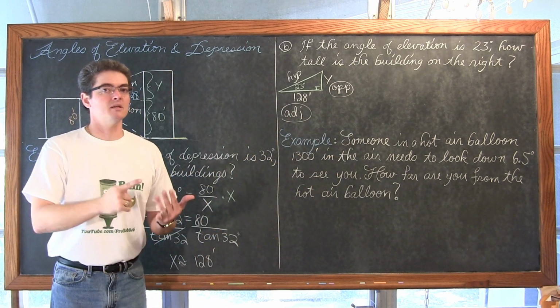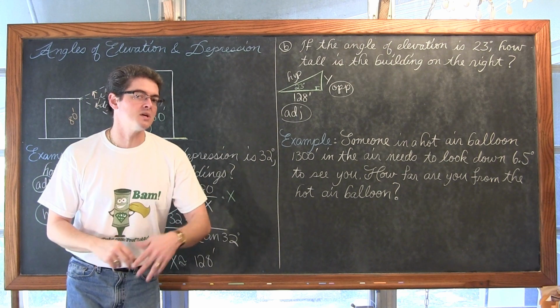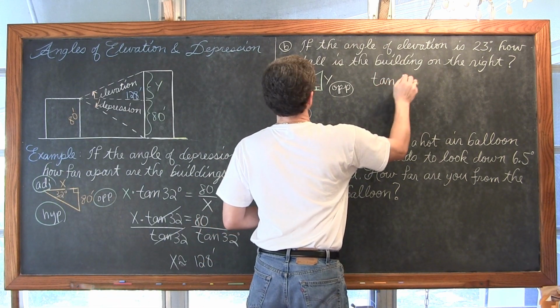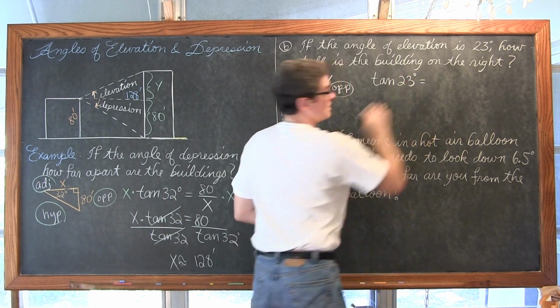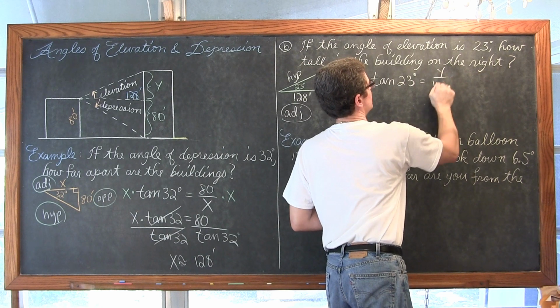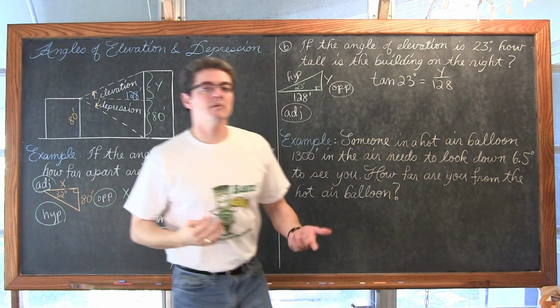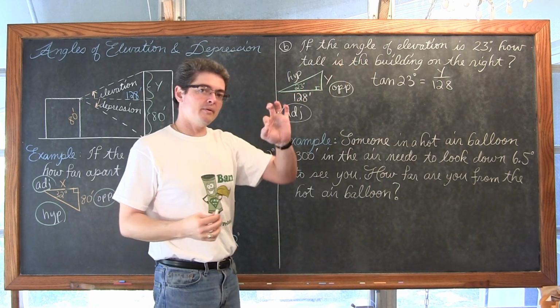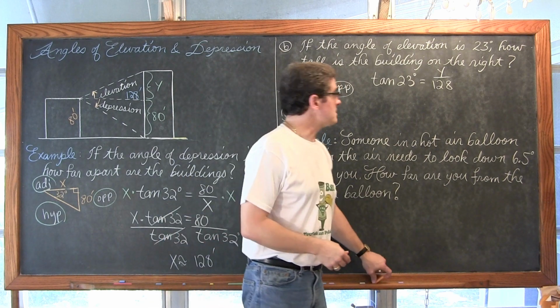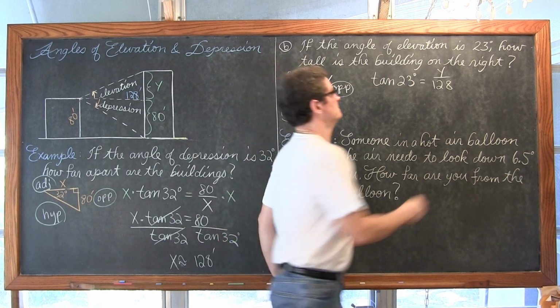I want the opposite. Opposite over adjacent, that's tangent again. So the tangent of 23 degrees is equal to y over 128. Now with this one, my variable is in the numerator, so it's going to be a little bit less work to figure it out. All I have to do is multiply both sides by 128, because again, I want to undo that division.